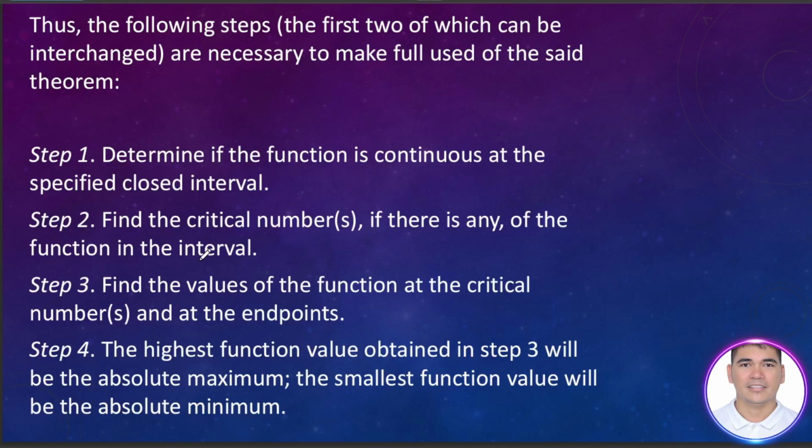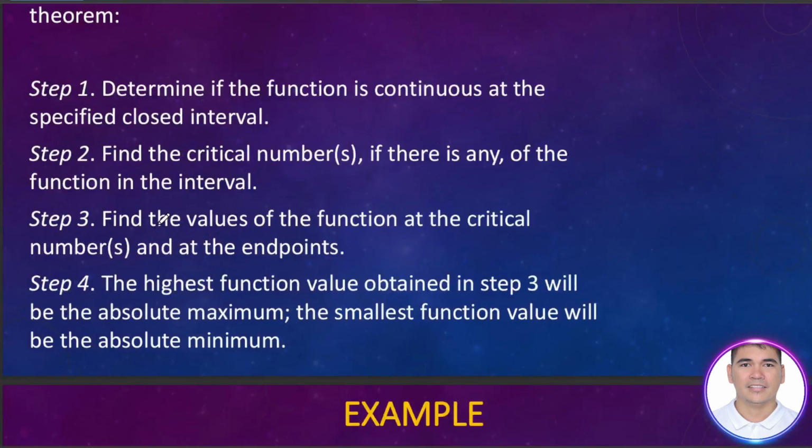So we have step 1. So po yung step 1 at step 2, pwede yan magka-interchange. Determine if the function is continuous at the specified closed interval. And then number 2, find the critical numbers if there is any of the function in the interval.